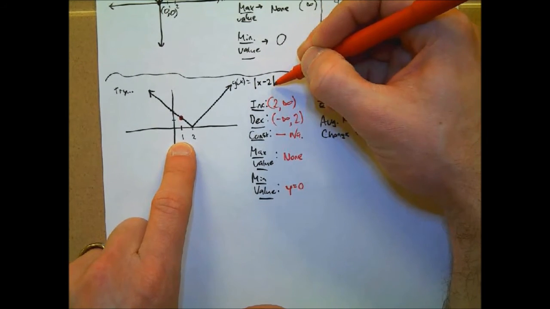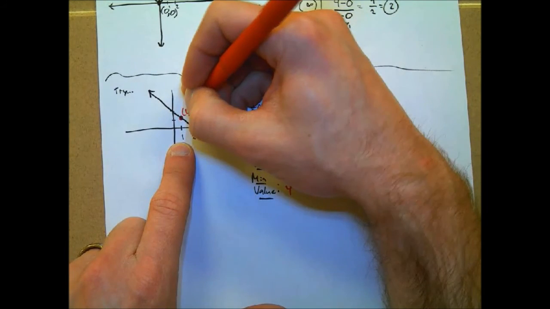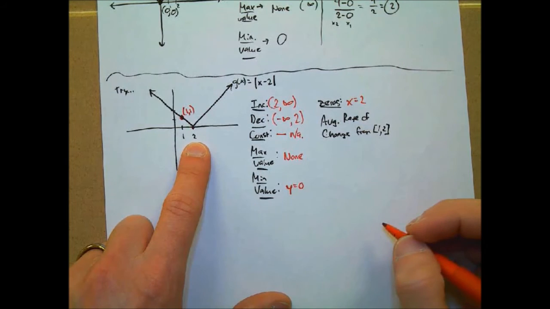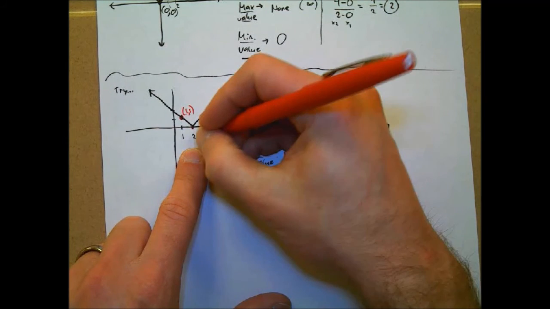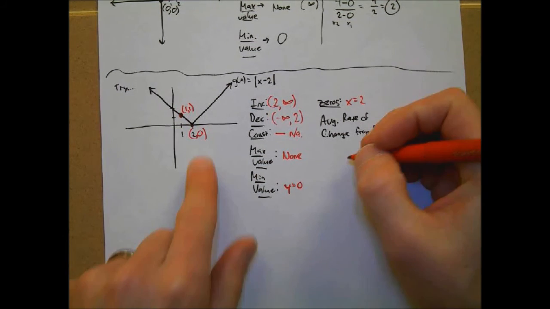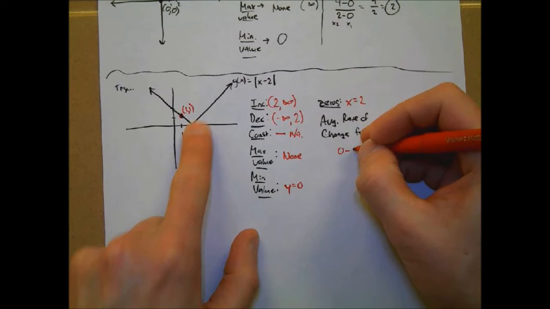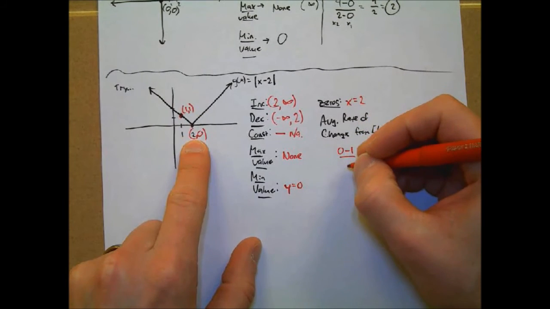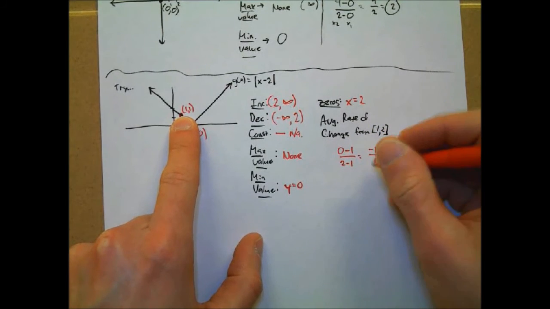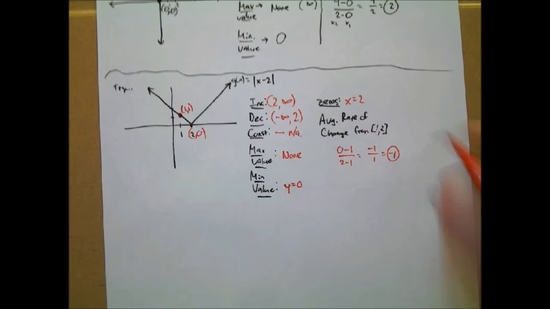So we have the point (1, 1). What's the coordinate of the point where the 2 is? 2 and 0. We're just going to find the slope between those 2 points: y2 minus y1 over x2 minus x1. So we do 0 minus 1 over 2 minus 1, and we get negative 1 over 1, or just negative 1. So there's your average rate of change.